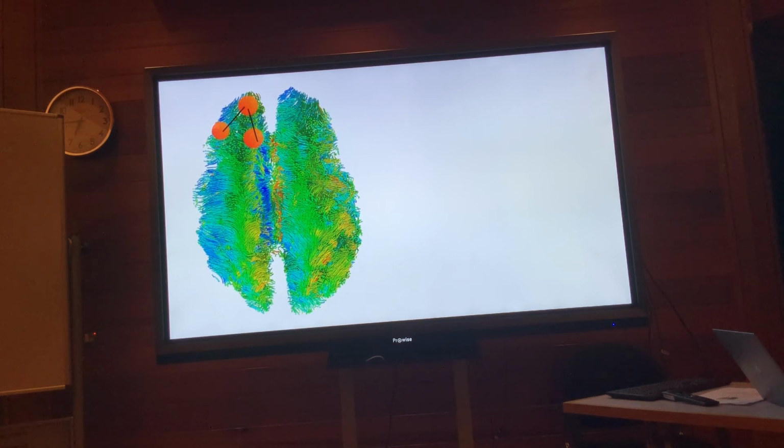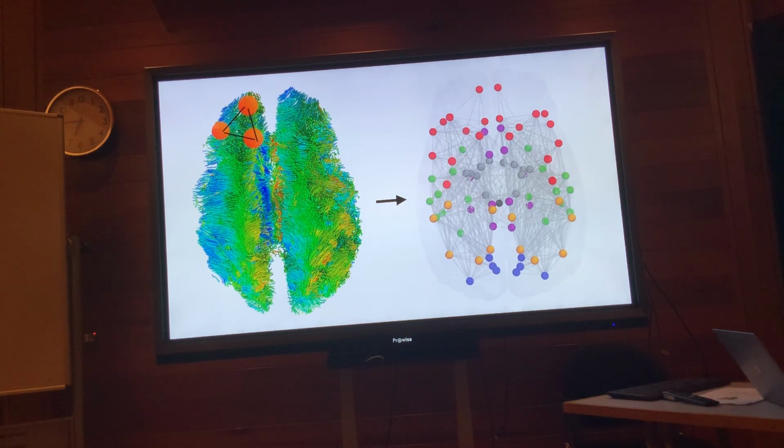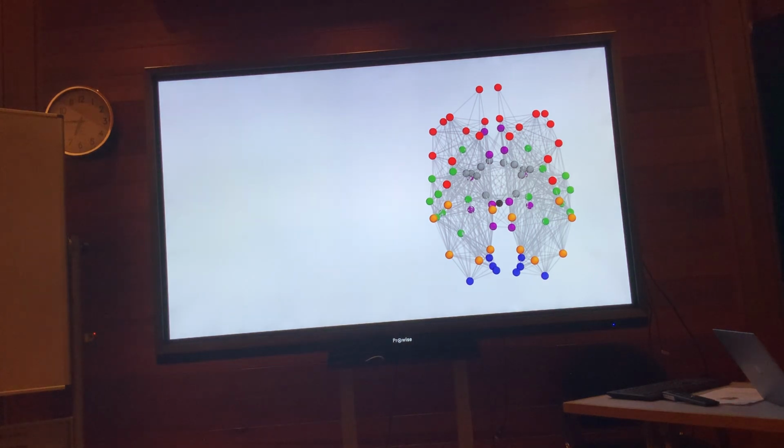So you look at this connection. And then you forget about the green picture, and what you're left with is just nodes, the regions, with the connections. And you count how connected they are. You count the length, and you count the number of axons going from place A to place B. And so that gives you now a full graph, but that's just a picture.